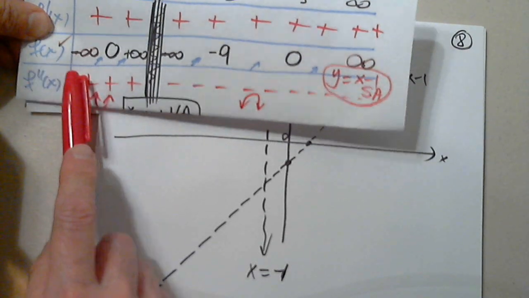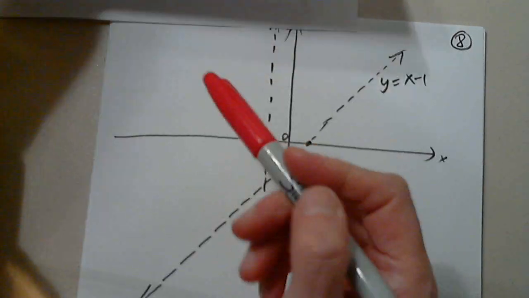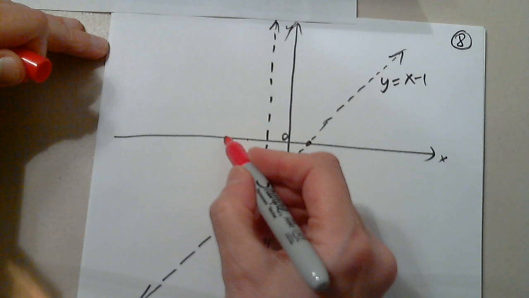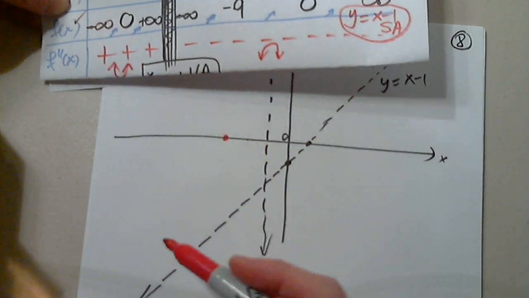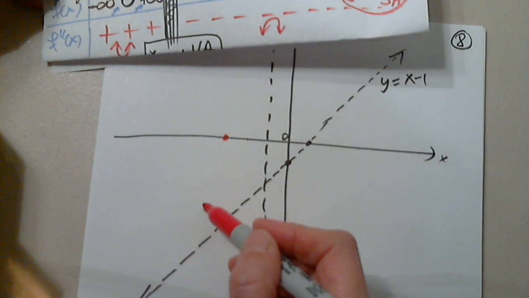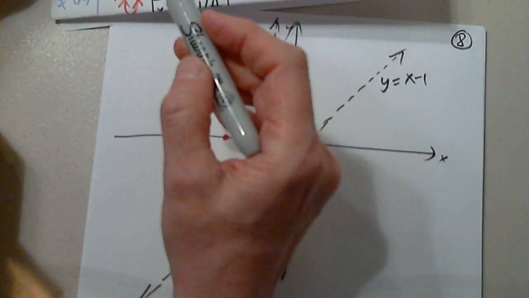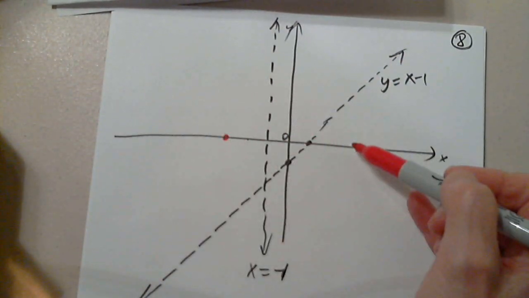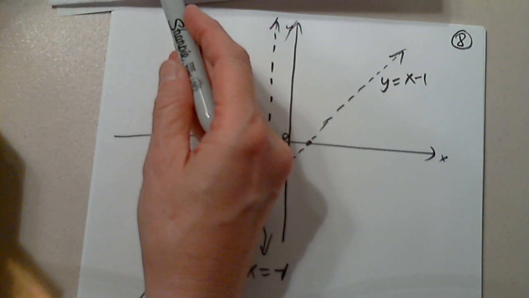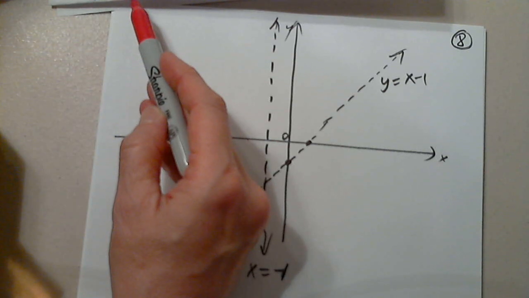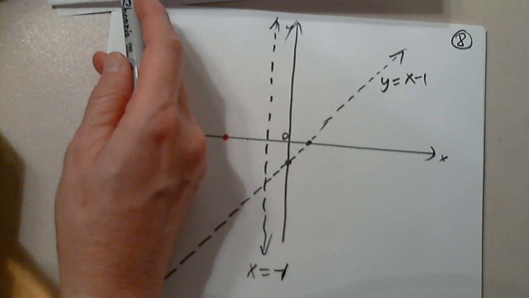From -infinity to -3, 0, -1, -2, -3. From -infinity, approaching the asymptote, crossing the x-axis at -3, 0, going to positive infinity, opening up at all times and increasing all times.